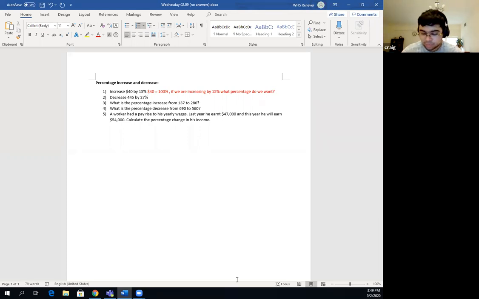Okay, so now I finally found it. For increasing, you have to do like 100 plus 40, equals 140. Then divide by 100 equals 1.4. Then you multiply it by 15.